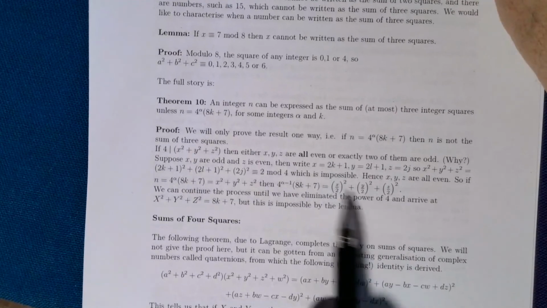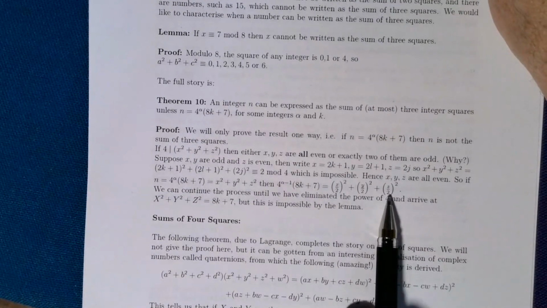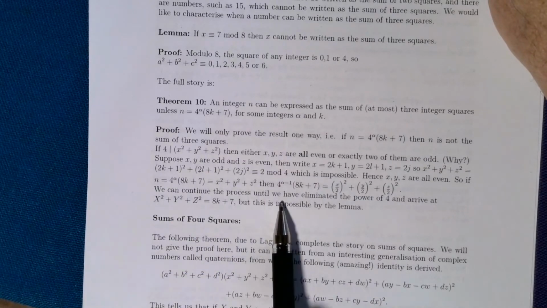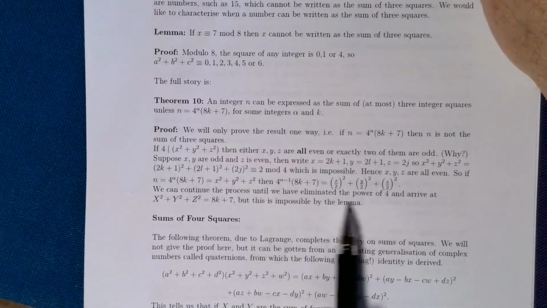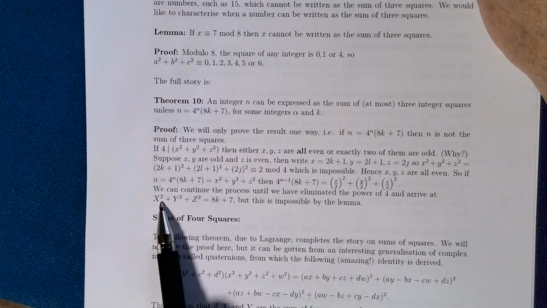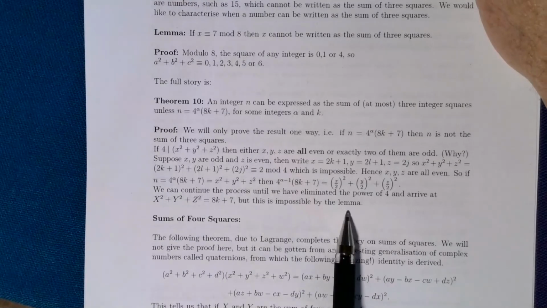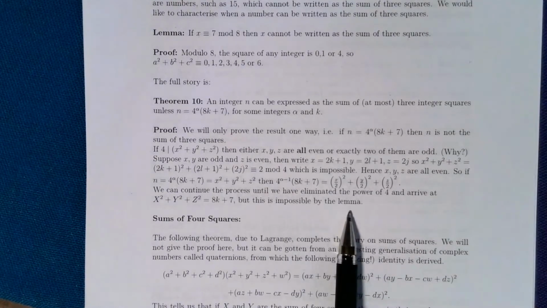And because these are all even, these are all integers here. I could then continue the process until I've eliminated the power of 4 completely, and I simply end up with this being 8k plus 7, but this is impossible by the lemma.